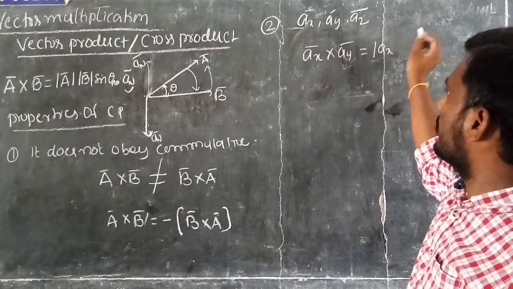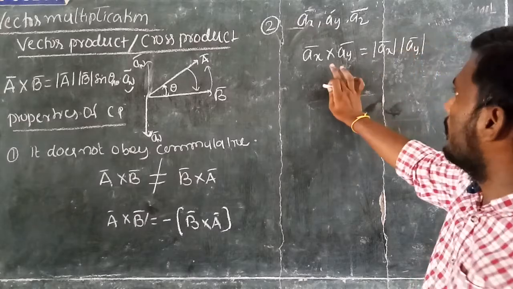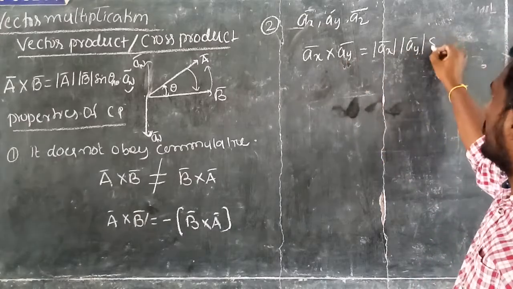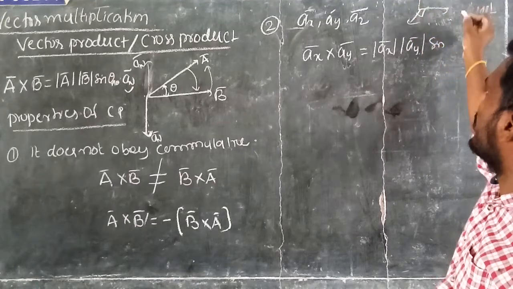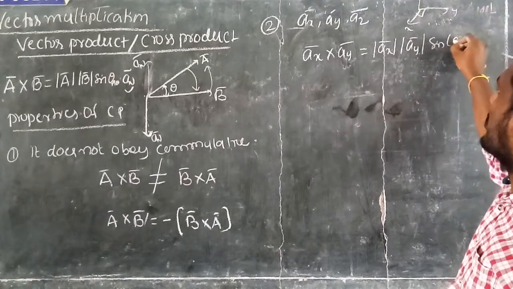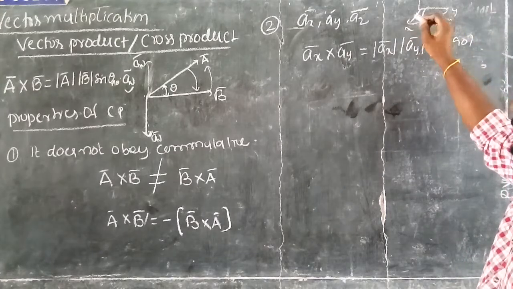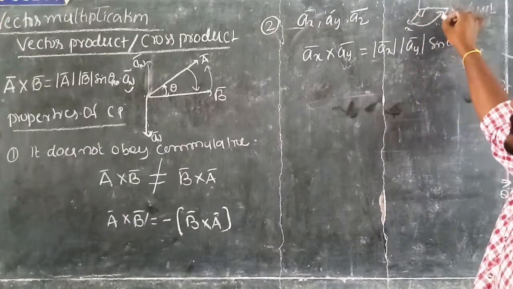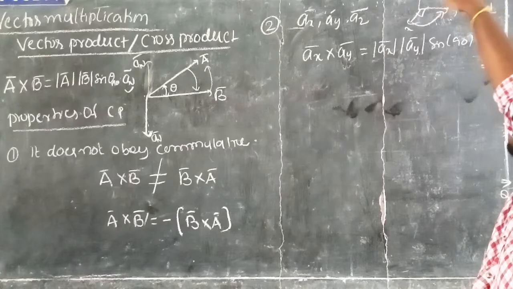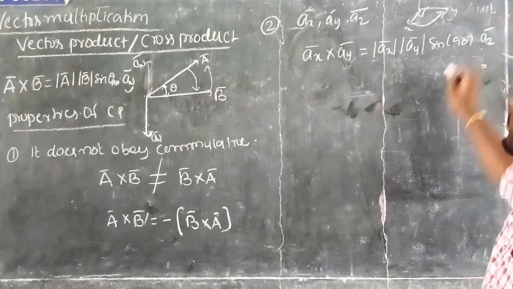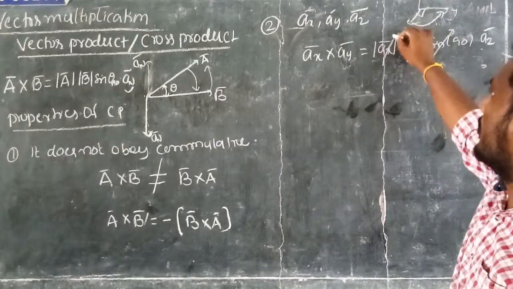It is the magnitude of Ax bar, magnitude of Ay bar, and sine of the angle between Ax and Ay. The angle is 90 degrees, so sine 90. And in which direction? As we are calculating the cross product from x to y, x is moving towards y. So the direction is the Az direction. So it is Az bar. Sine 90 is 1, Ax bar is 1, Ay bar is 1.